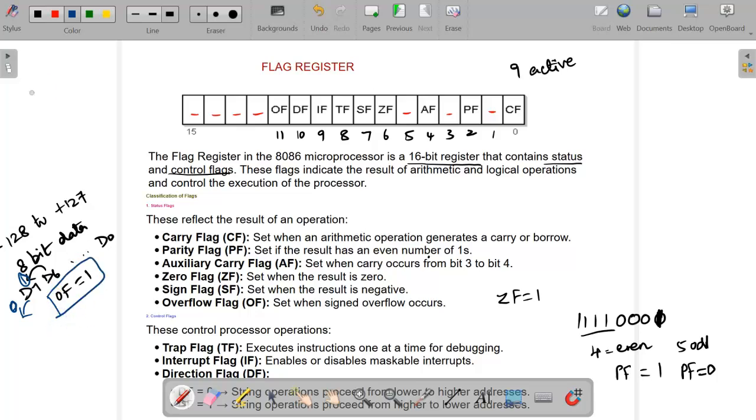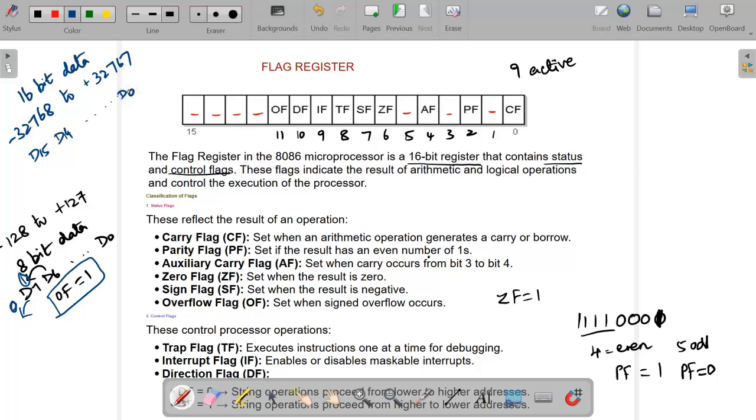If we consider 16-bit data, the range of the numbers is from minus 32768 up to plus 32767. Here we have D15, D14 and so on up to D0.